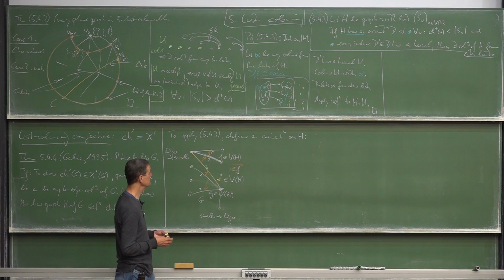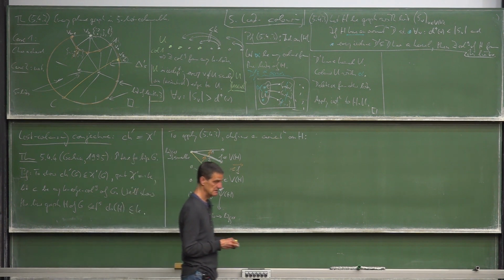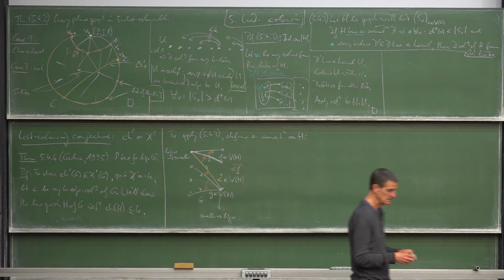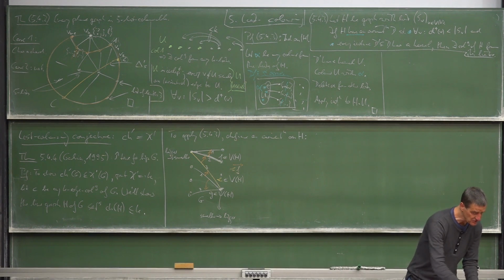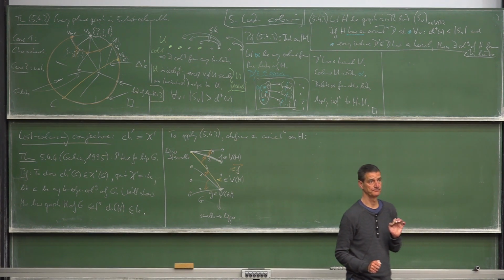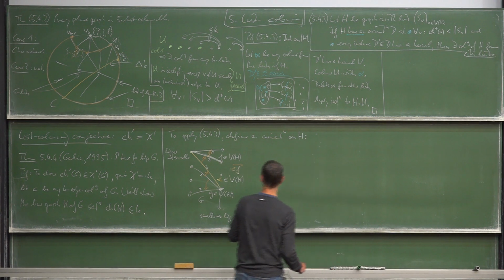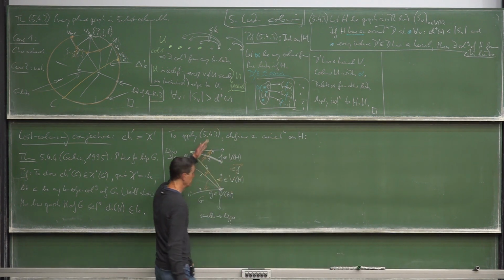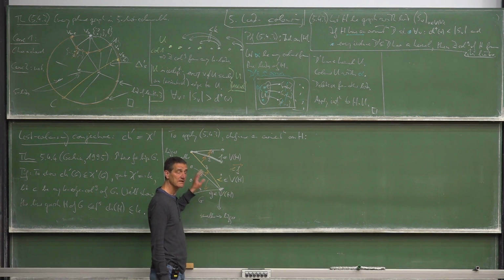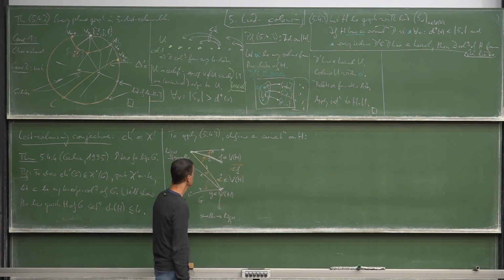Okay, so what I have done now is define an orientation of the edges of H, using that the vertices of H, being edges of G, have colors, and that these vertices of H as edges of G meet either on the left in G or on the right in G. Okay.